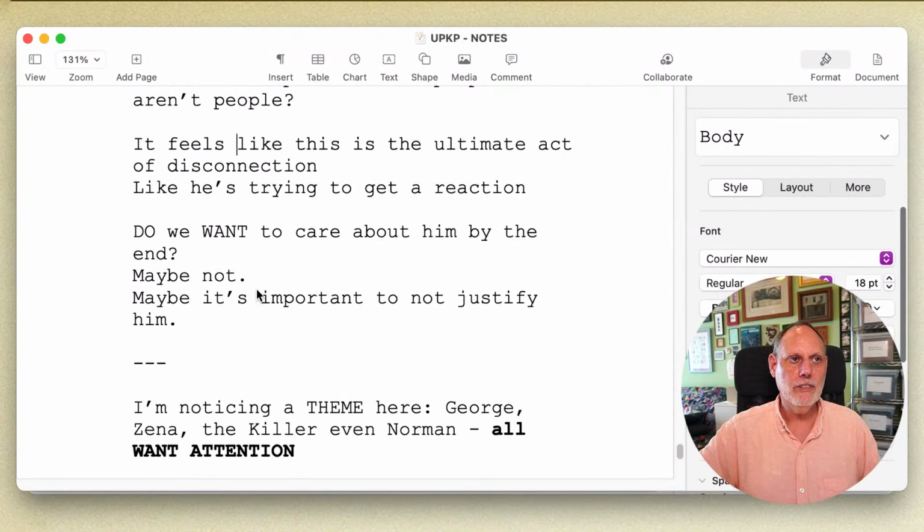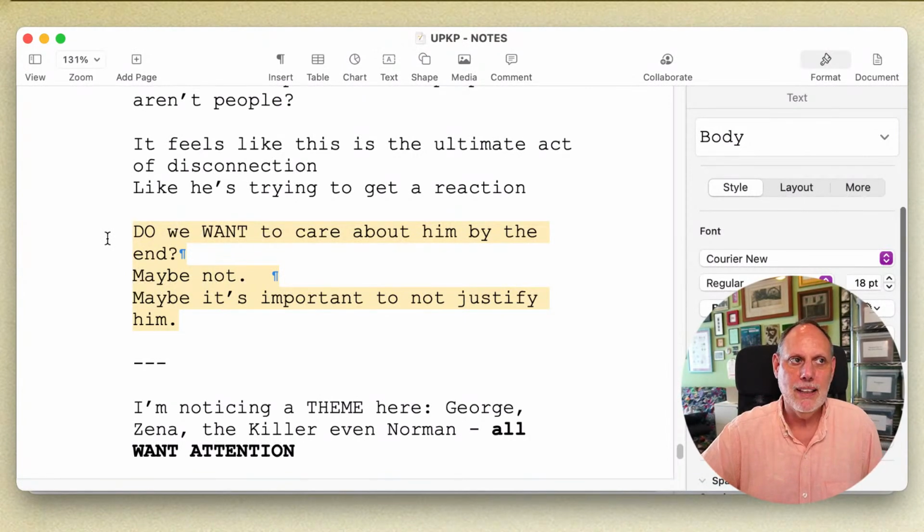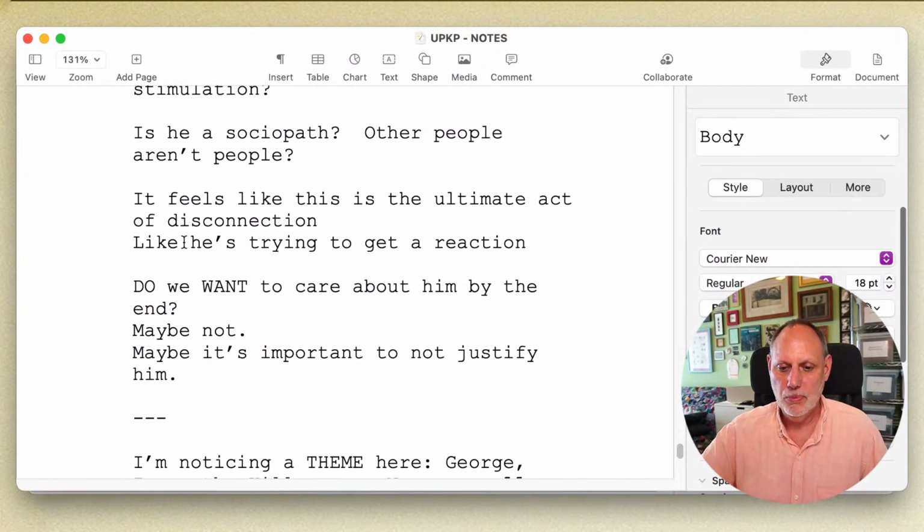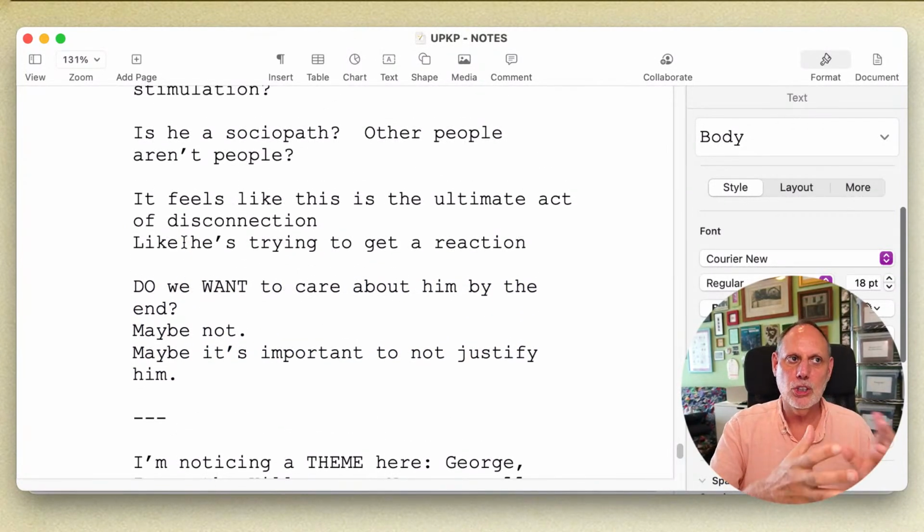And so therefore, I thought it's really important that we don't care about him by the end, that we don't think he's justified in some way. Very often in good murder stories, you get some sympathy for the killer. And I kind of think I don't want that here.